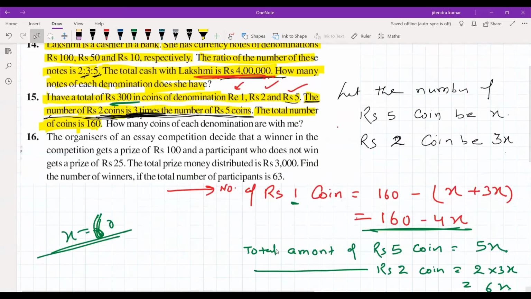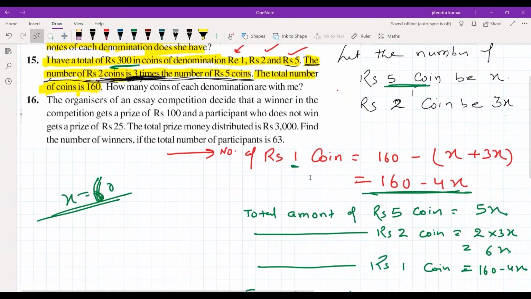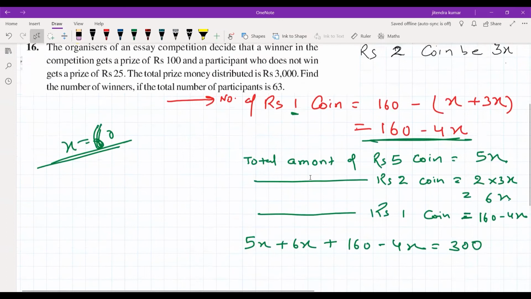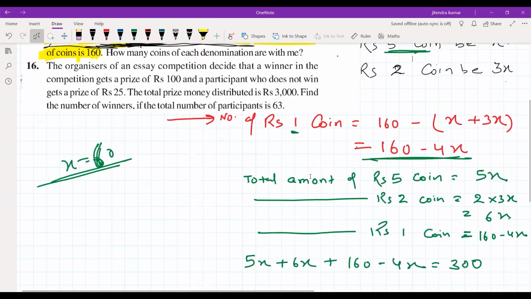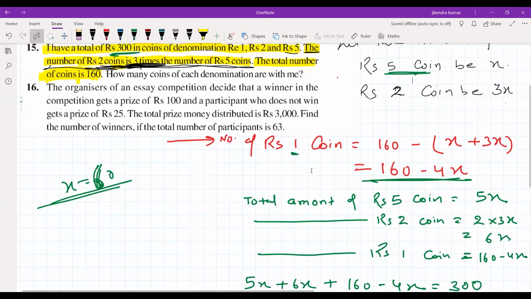X is rupees 5 coin, right? So 5 coin is 60.